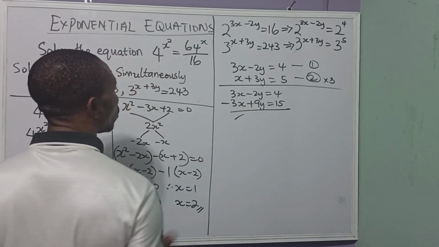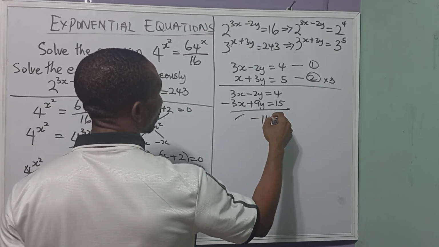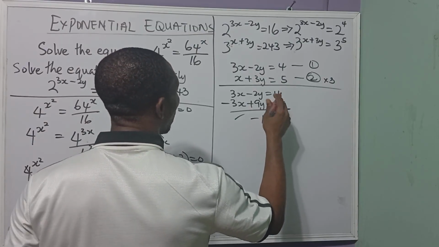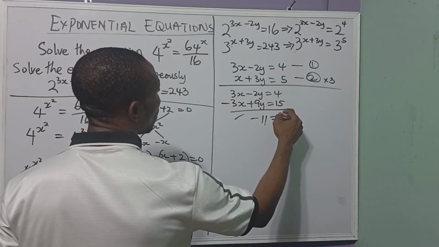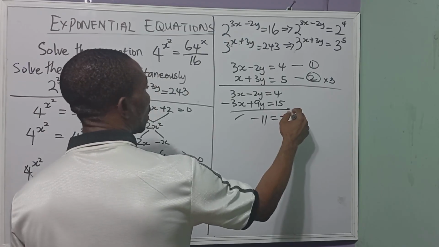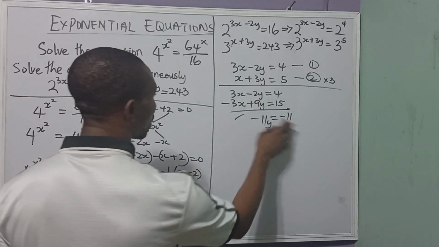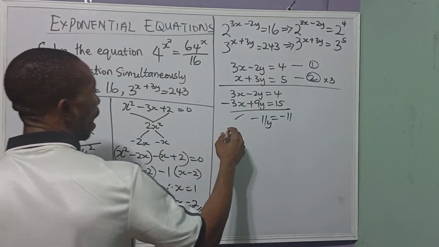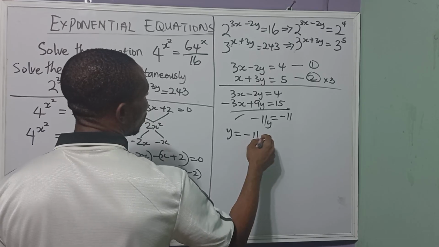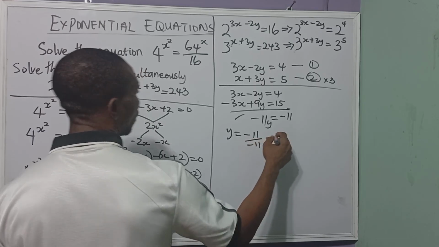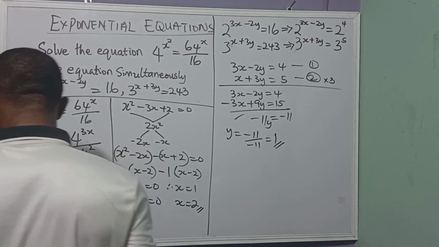Minus times plus becomes minus, so this gives us minus 11y, and 4 minus 15 gives us minus 11. So our y would be minus 11 divided by minus 11, which gives us 1. So the value of y is 1.